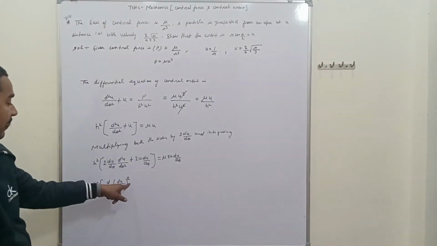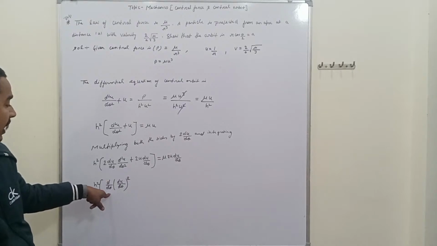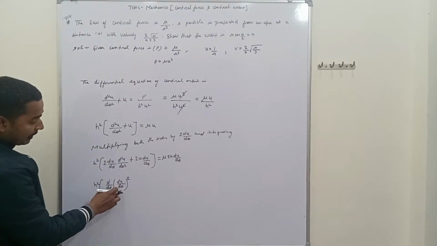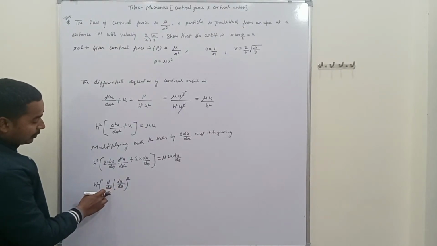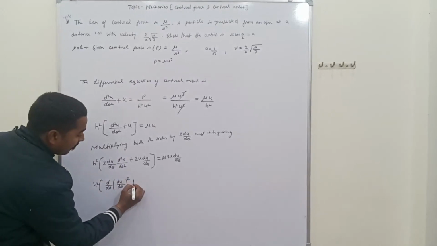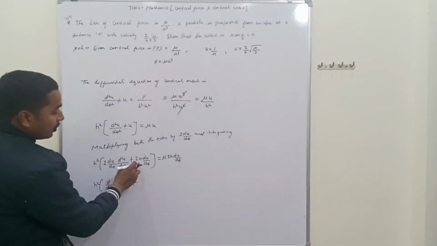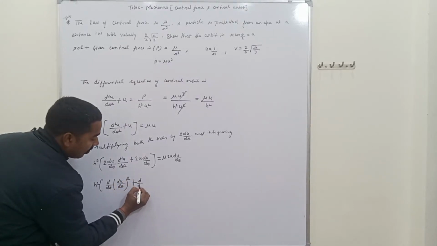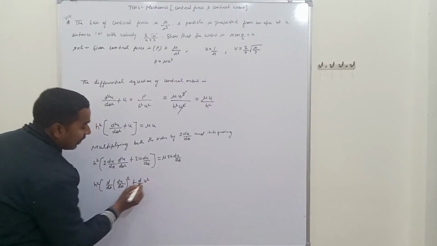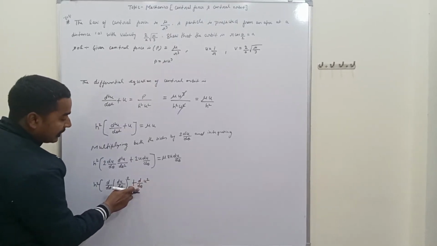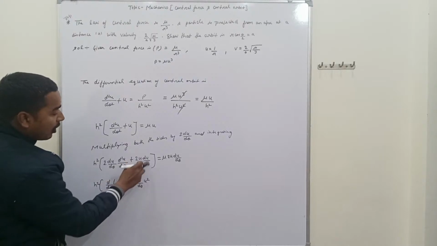Further we differentiate with respect to theta, that is 2 du upon d theta and again du upon d theta differentiated with respect to theta is d2u upon d theta square. Further 2u du upon d theta is written as d by d theta of u square, and again differentiating u square with respect to theta gives 2u du upon d theta.